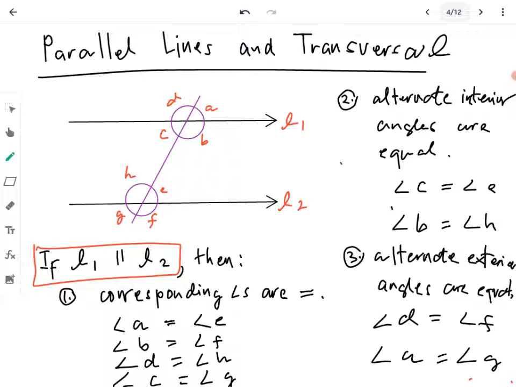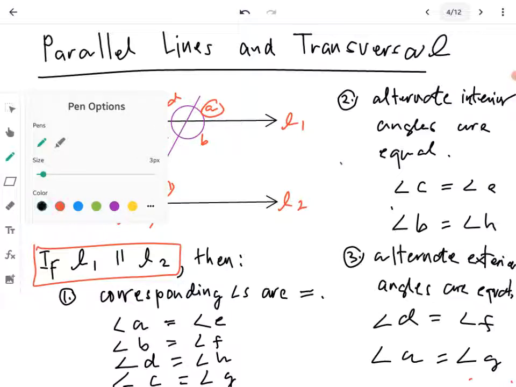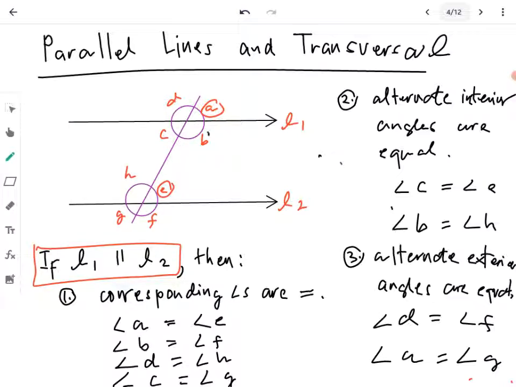Corresponding angles are angle A and angle E, then angle B and angle F, then angle D and angle H, then angle C and angle G. You have to familiarize yourself with their relative locations in this figure.